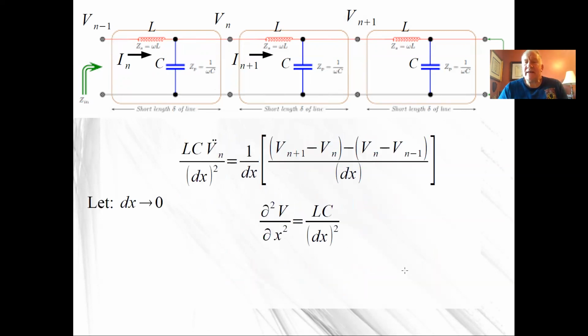I do a little more math, and what I end up with is that I'm going to let dx go to 0, in which case the second derivative of V with respect to x is going to be equal to LC over dx squared times the second time derivative of V.